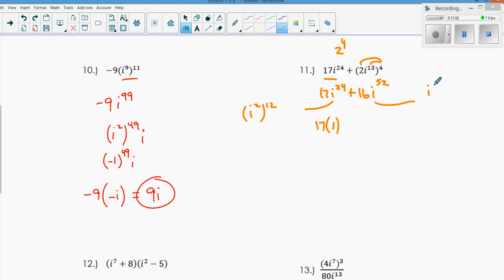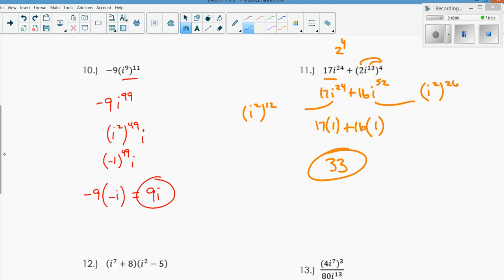This would be i squared, and half of 52 is 26. So that would be plus 16 times, that'd be negative 1 to an even power, which is just positive 1. So if you notice, I have 17 plus 16, which is 33. So it's a lot of imaginary numbers. I end up coming up with a real number.